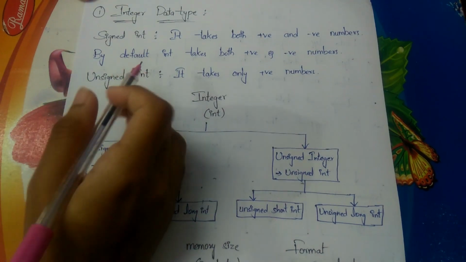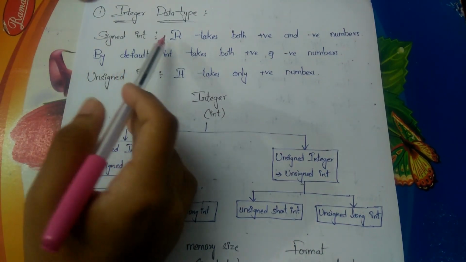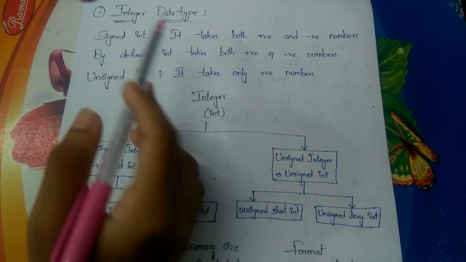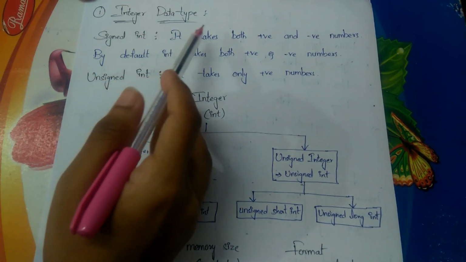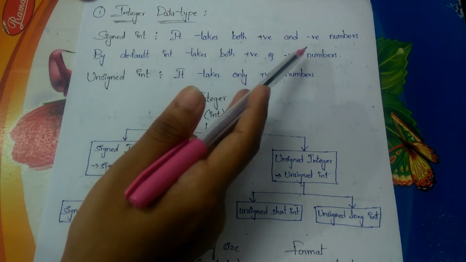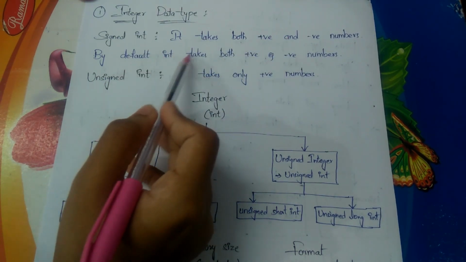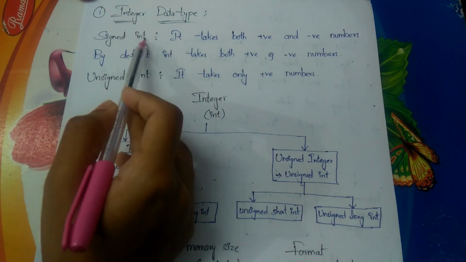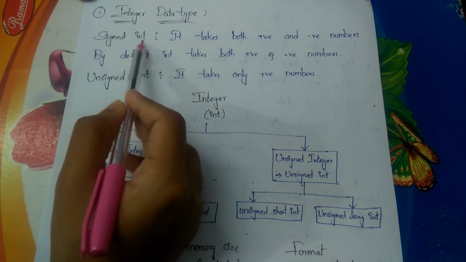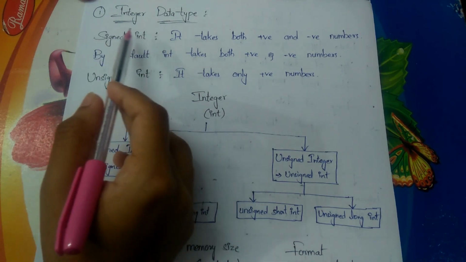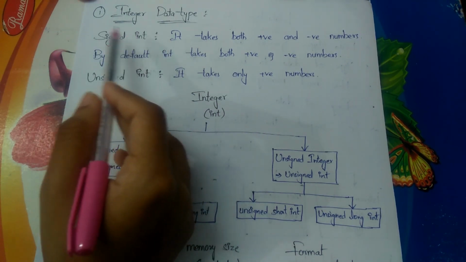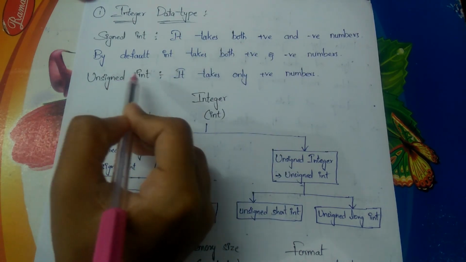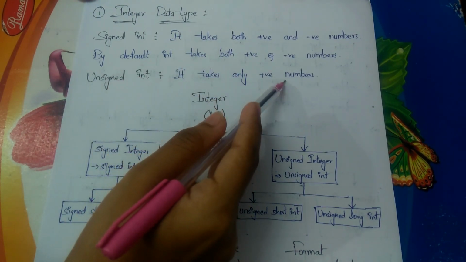Let's discuss the integer data type. In the integer data type, we have signed int and unsigned int. Signed int takes both positive and negative numbers. By default, int takes both positive and negative numbers. Signed is also a predefined keyword, and signed int takes both positive and negative numbers. Unsigned int takes only positive integers.